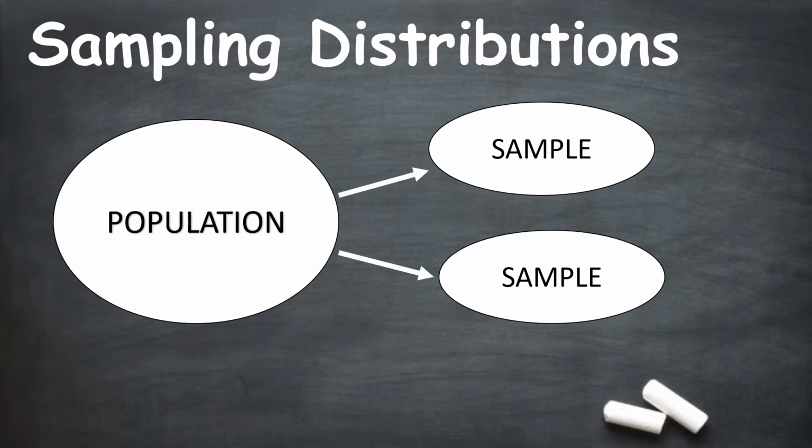So for the sampling distribution, it's just like a proof that your sample is a representation of the population, even though you will get a different numerical value from the population and the sample.